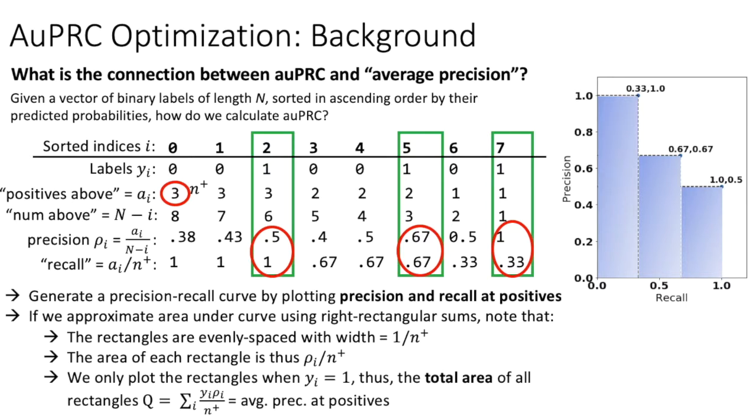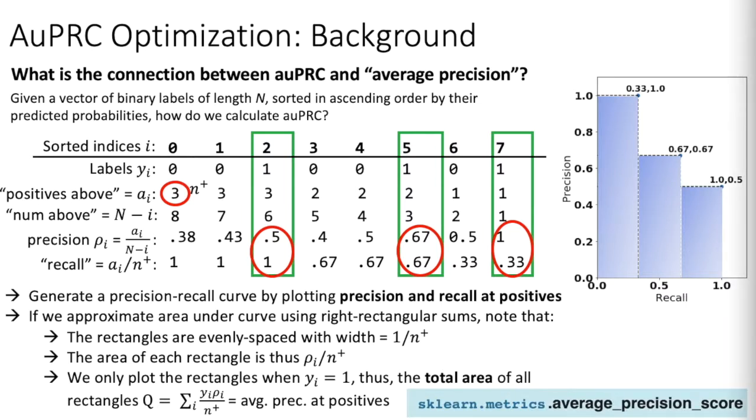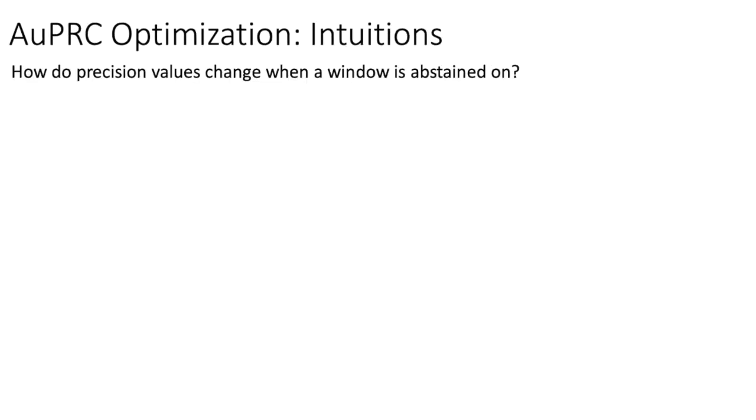Because we are only plotting the rectangles where y_i is 1, the total area of all rectangles, which we will denote as q, is the sum of y_i ρ_i divided by the total number of positives, which is nothing more than the average precision over all those positives. That is why in scikit-learn, a commonly used function for computing the AuPRC is simply called average_precision_score. We will use this definition of AuPRC in our optimization algorithm.